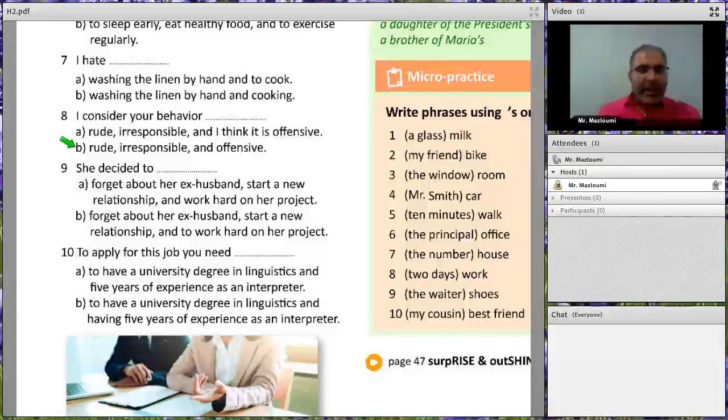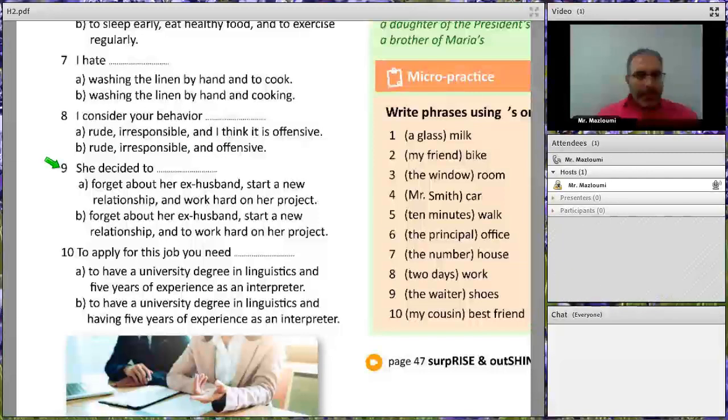But in A, and I think it is offensive, is not an adjective, it is a sentence. Rude means impolite, everyone. You know the meaning, opposite of polite. Irresponsible means not responsible, opposite of responsible. And offensive means very rude. The opposite in this sense is inoffensive. Offensive, inoffensive.